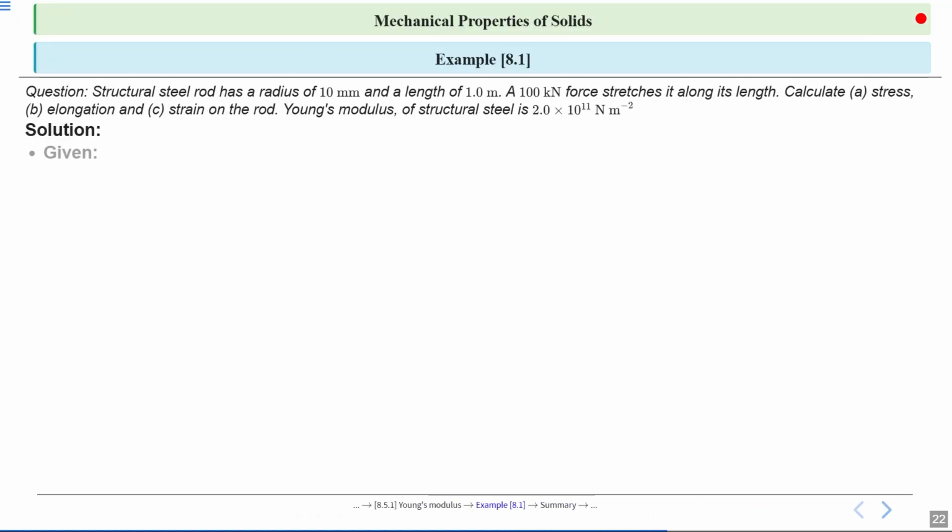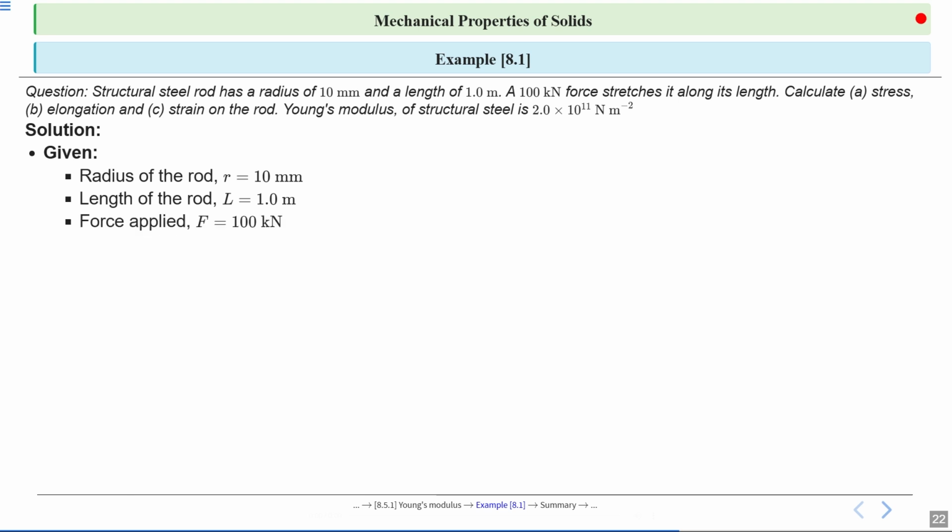So first, let's list out all the information provided in this problem. Radius of the rod R equal to 10 mm, length of the rod L equal to 1.0 meter, force applied 100 kilonewton, and Young's modulus for structural steel Y equal to 2.0 into 10 raised to the power 11 Newton per meter square.